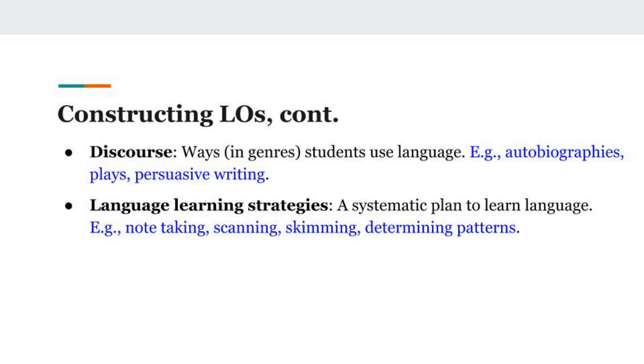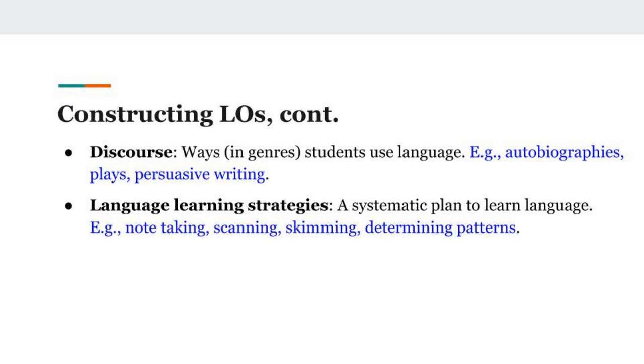Also, they need discourse. They need to be able to function properly within different genres depending on the content. They need to know how autobiographies are constructed. They should be able to write autobiographies, etc.